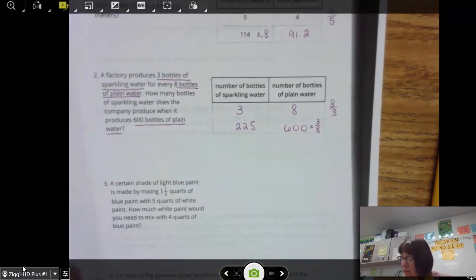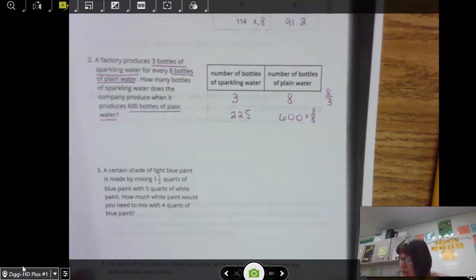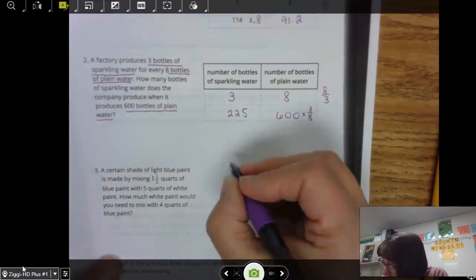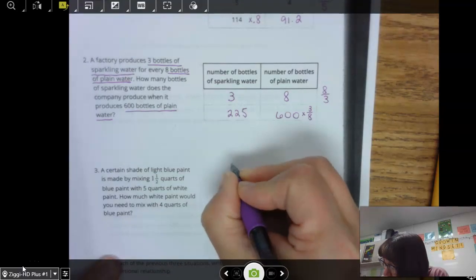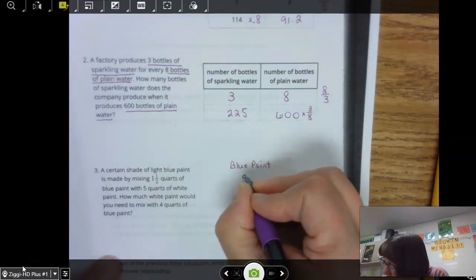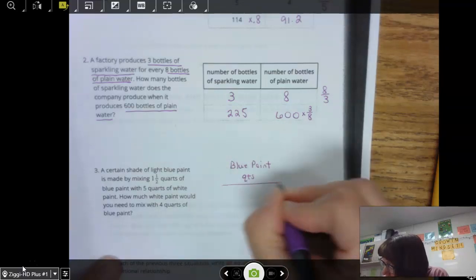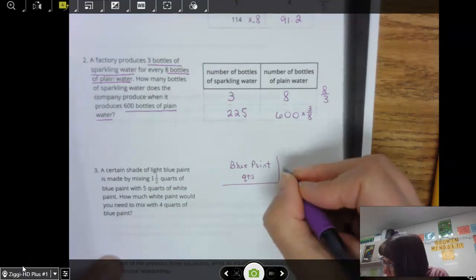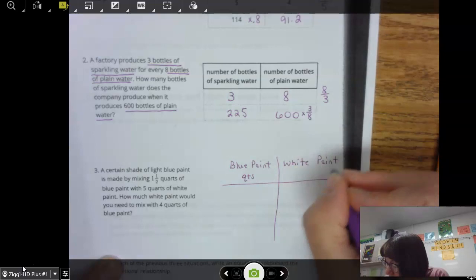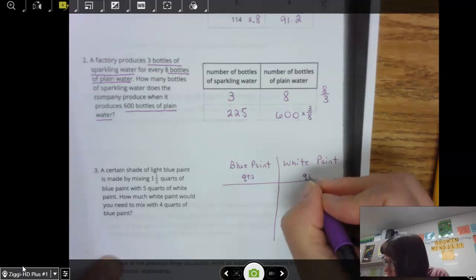So on the last one, we have a certain shade of light blue paint made by mixing 1.5 quarts of blue paint with 5 quarts of white paint. So again, let's make a little table. We have blue paint, and these are quarts, and we have white paint, and these are also quarts.